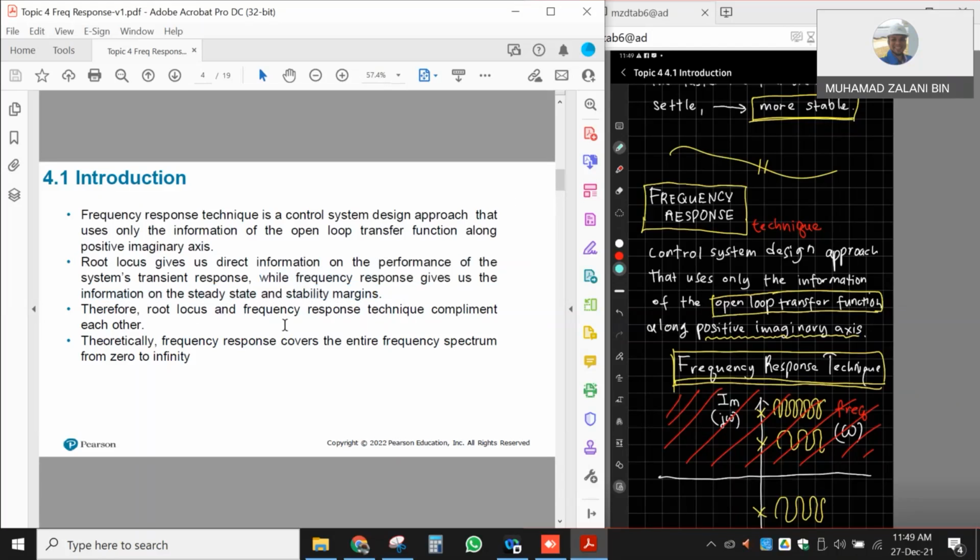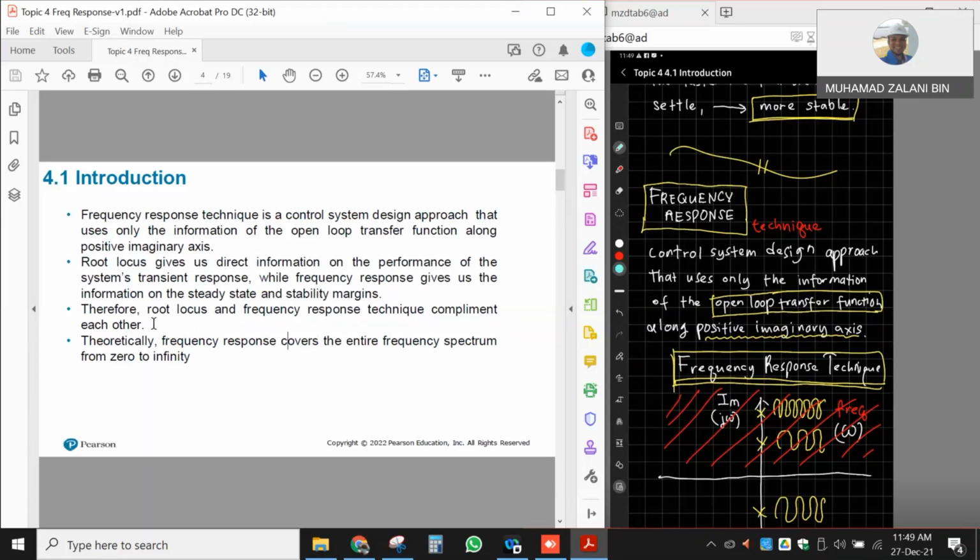So as a control engineer, it is better for us to study both the root locus technique and the frequency response technique, because they cover different things, in terms of transient and steady state.